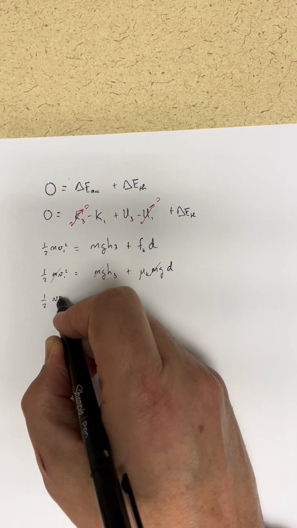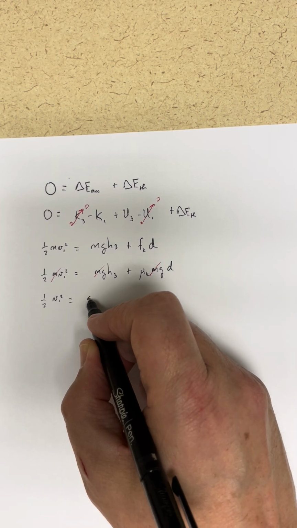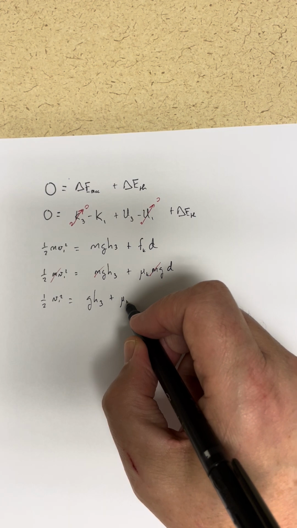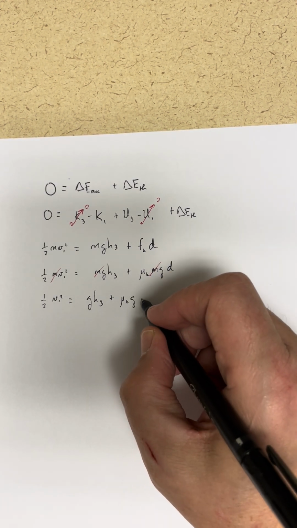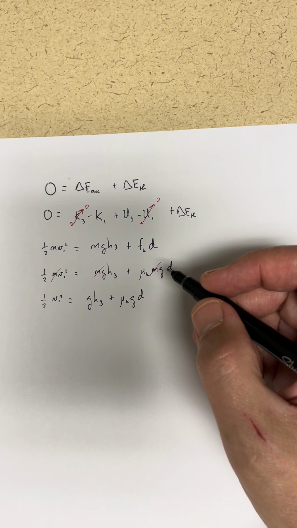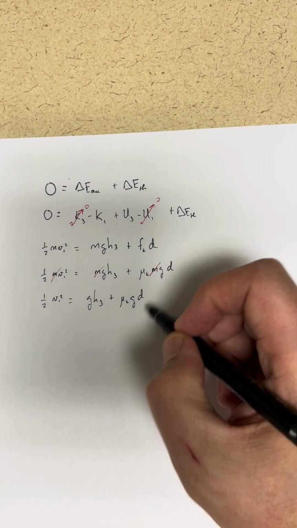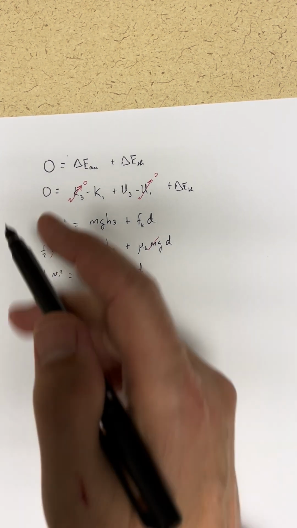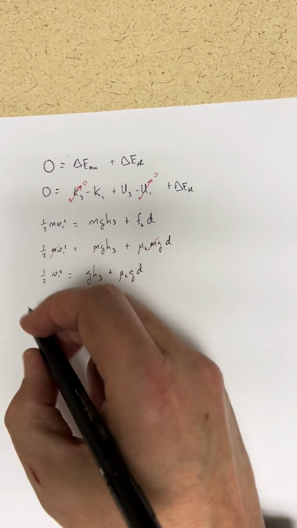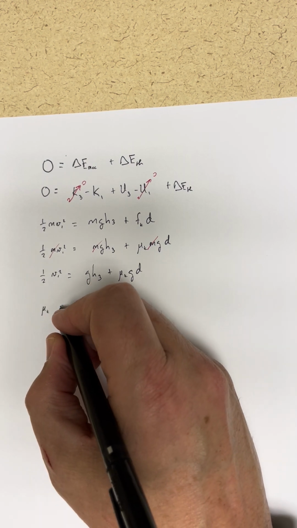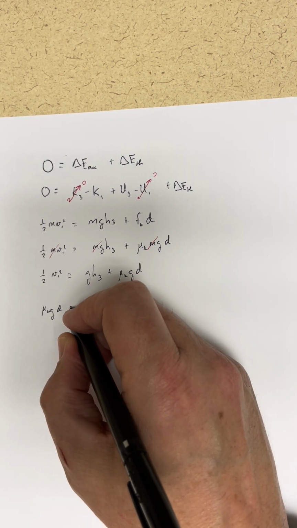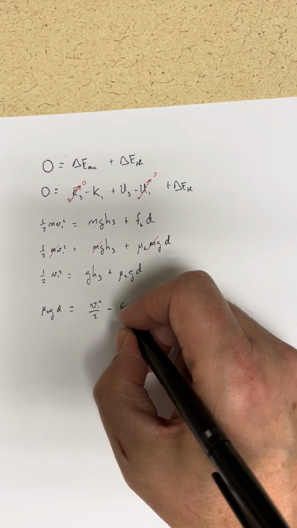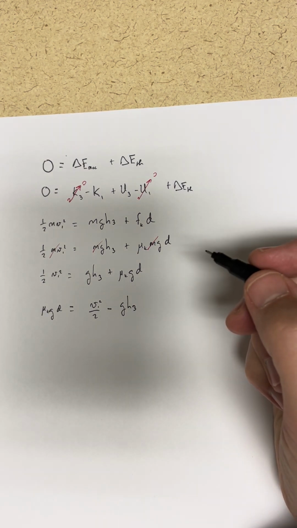So simplified, I have half v1 squared, so g times h3 plus coefficient of kinetic friction g times d. I'm going to get the term with d by itself on one side of the equation. Move that to the other side. Coefficient of kinetic friction times g times d is v1 squared over 2 minus g times h3.